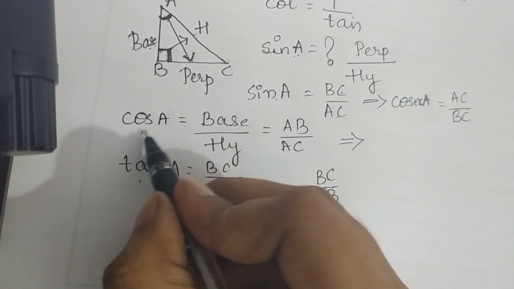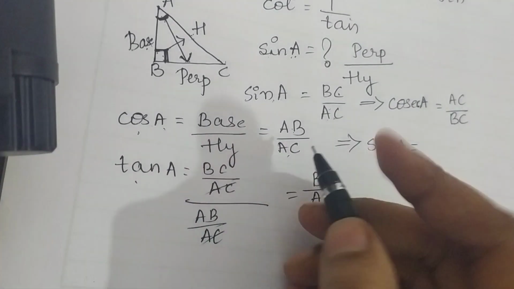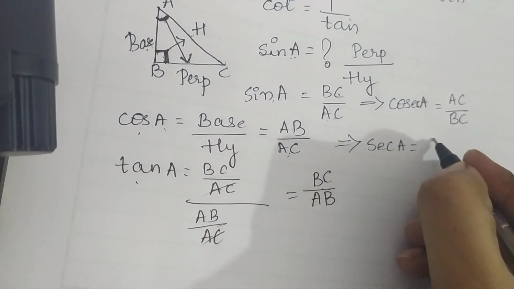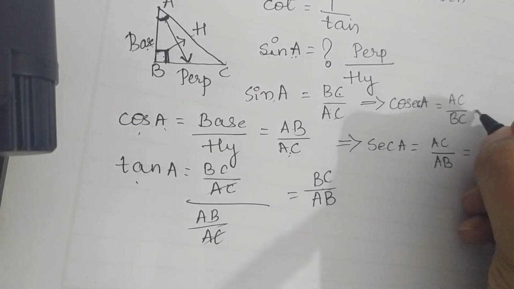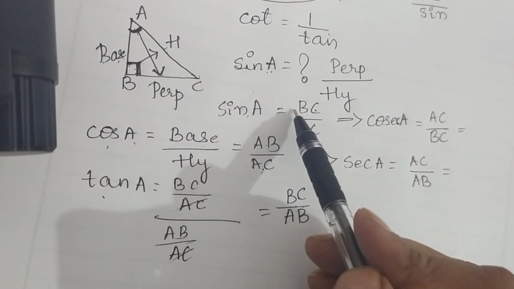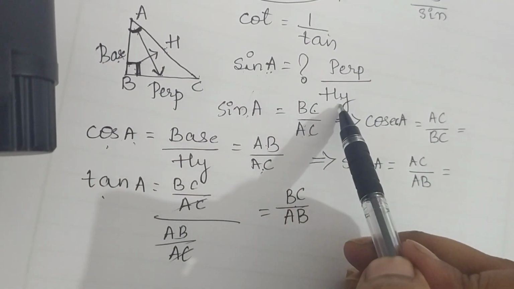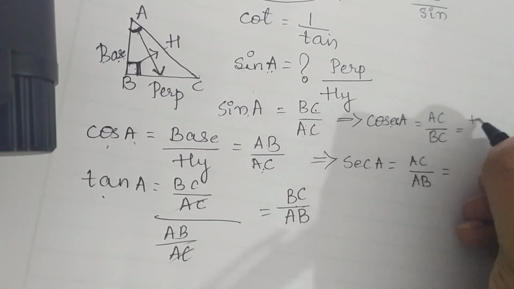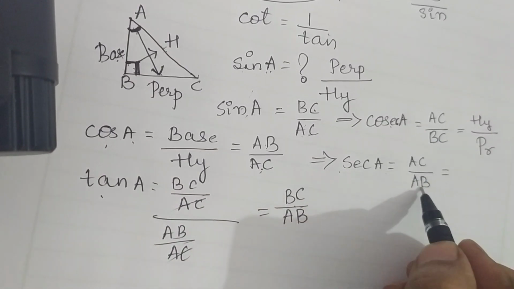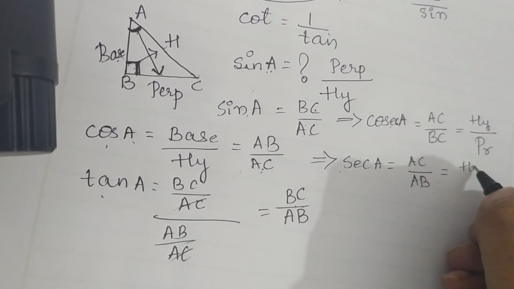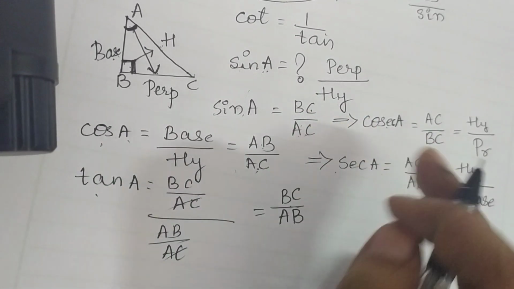Then sec A is the reciprocal of cos, that is AC upon AB. Sine A is perpendicular upon hypotenuse, so cosec is hypotenuse upon perpendicular. Sec is hypotenuse upon base. These are the reciprocal forms of sine and cos.